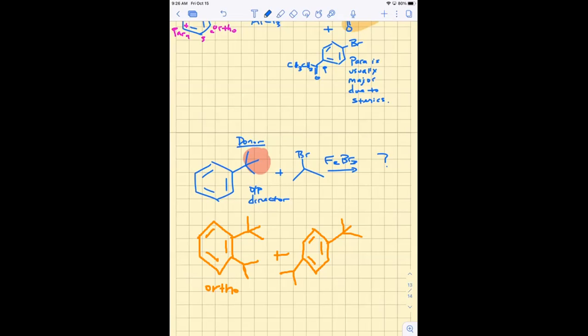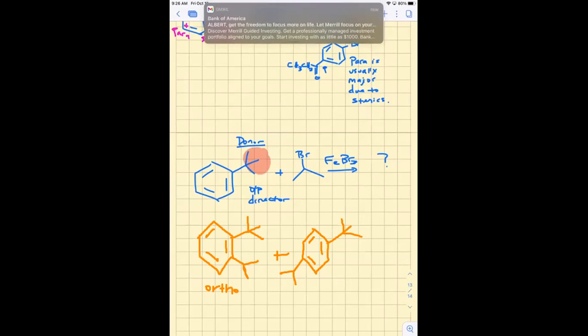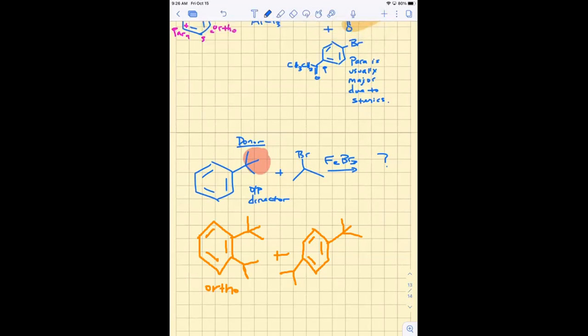If it's a donor, it's going to end up at the ortho and para positions. You're going to get both products. If it's an acceptor, it's going to end up at the meta position, and you only get one product there. Any questions?